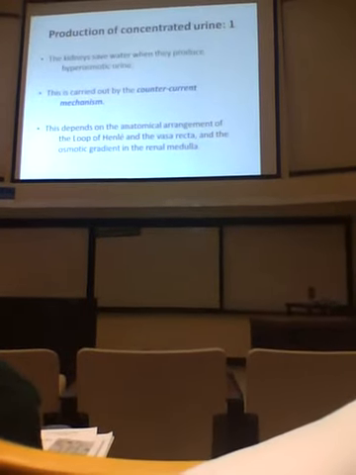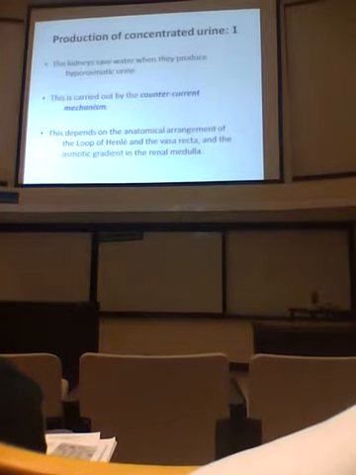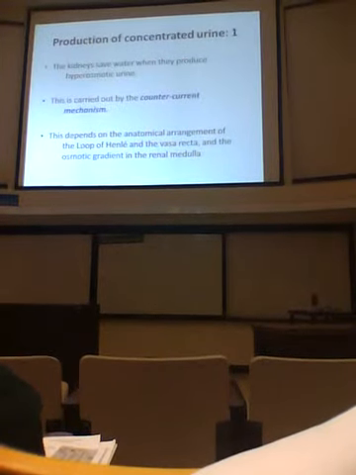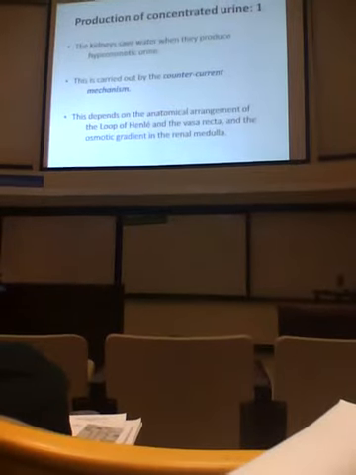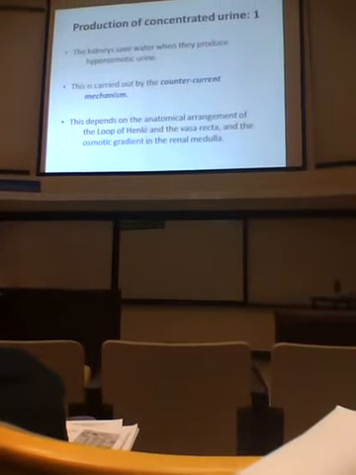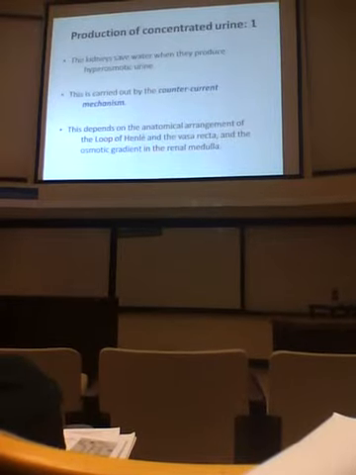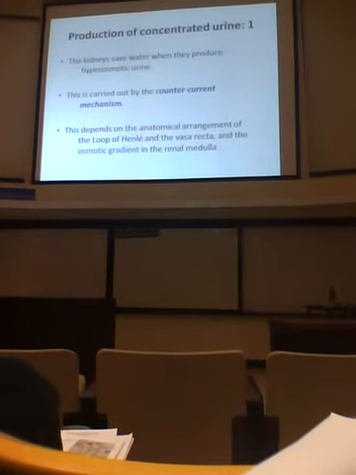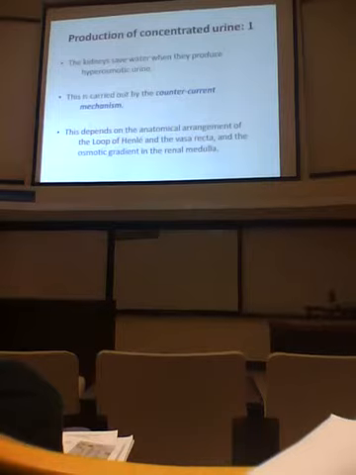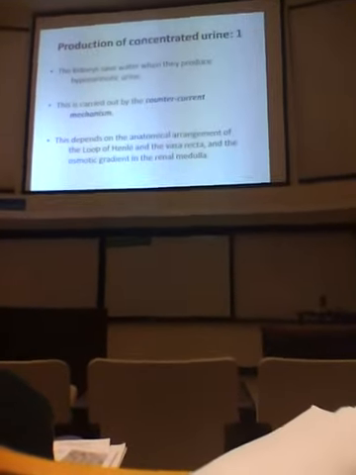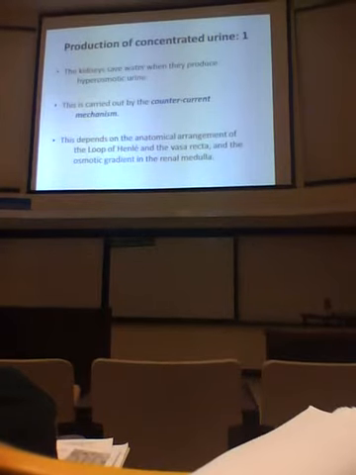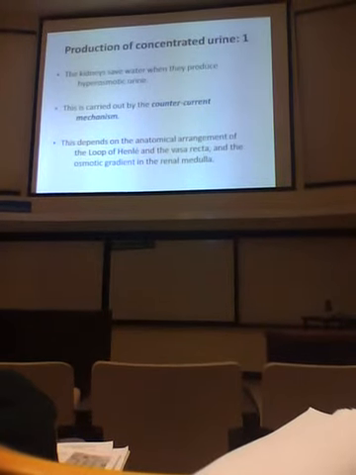So we've got all this stuff going on, but it has to be responsive to the needs of the body for water. If you're dehydrated, you can't be peeing out water, otherwise you become more dehydrated. So you conserve water. And so the kidneys save water for you when they produce hyperosmotic urine. In other words, concentrated urine, which is more concentrated than the body fluids.